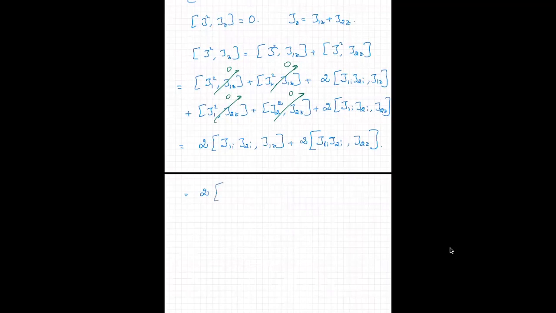So I can write this as J1i with J1z times J2i. And again, I can write the second one as J1i times the commutator of J2i with J2z. Okay. Any questions about any of these manipulations? Any questions or any comments?